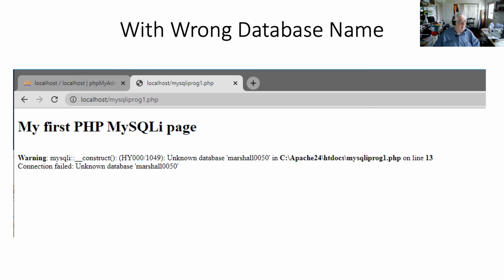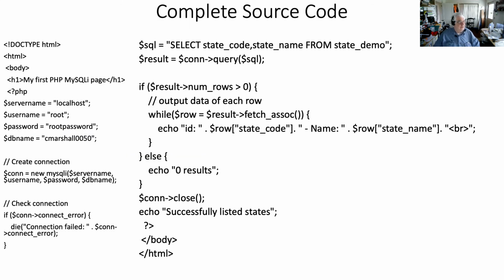Alright, so if I put in the wrong database name, and you can see here the first time I ran it I had Marshall 0050, it gives me this, which is helpful, more helpful than just blowing up. So I've gone back and changed it to C Marshall.